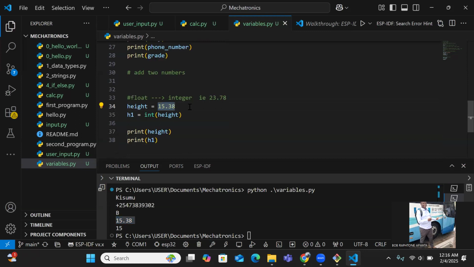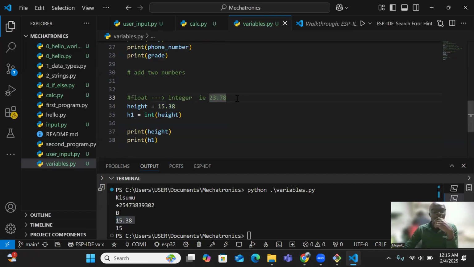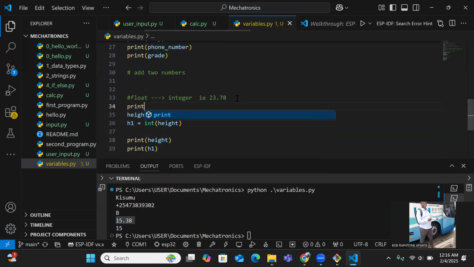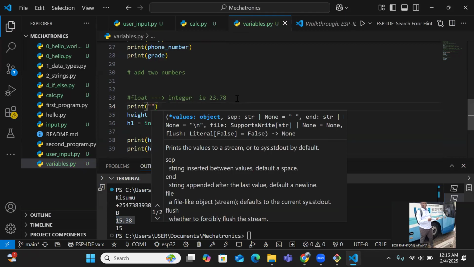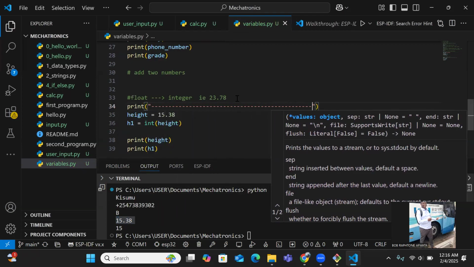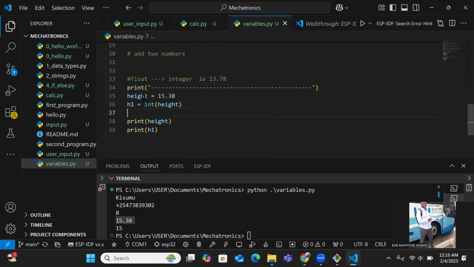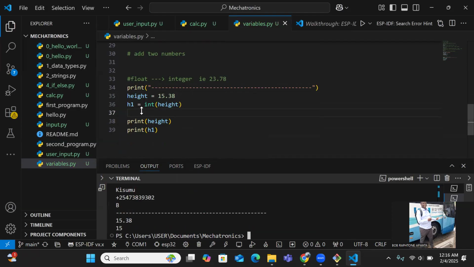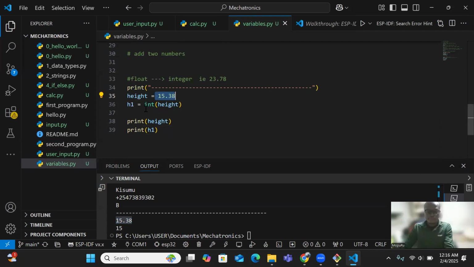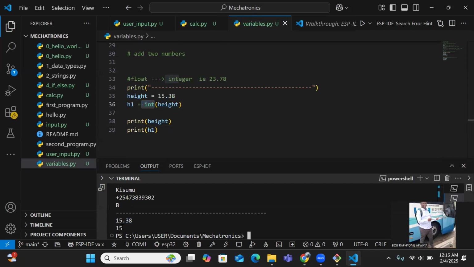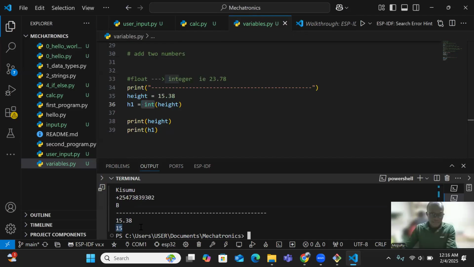To make it visible, you can print a line to show what we are working on now. So if I run it again, after the line, the first one is 15.38. Can you see this? And then when you say int, you are converting it into an integer.